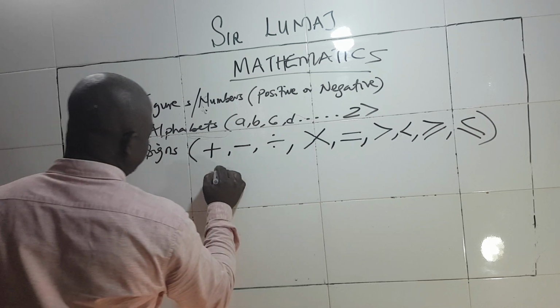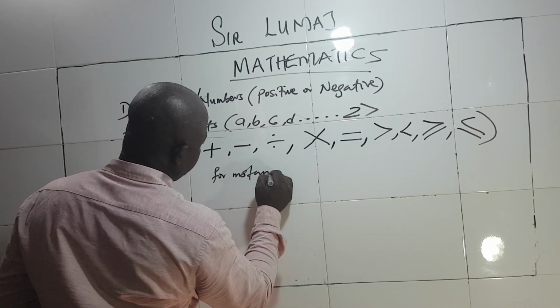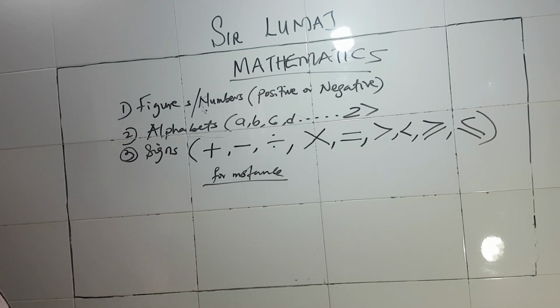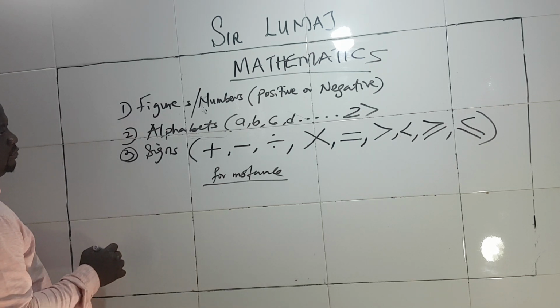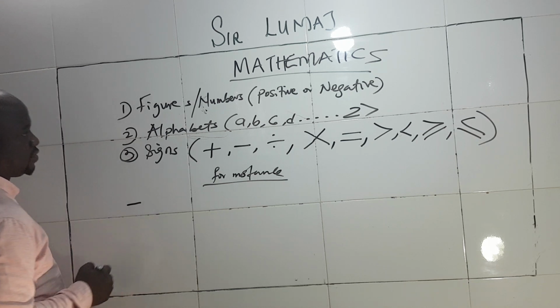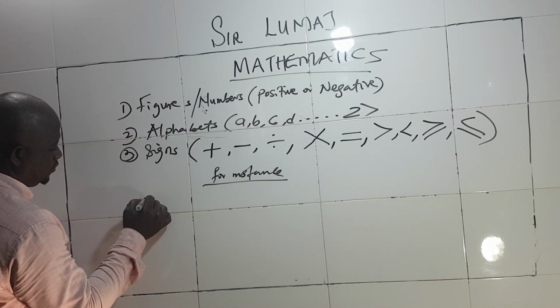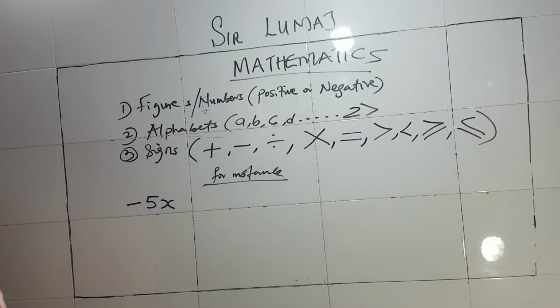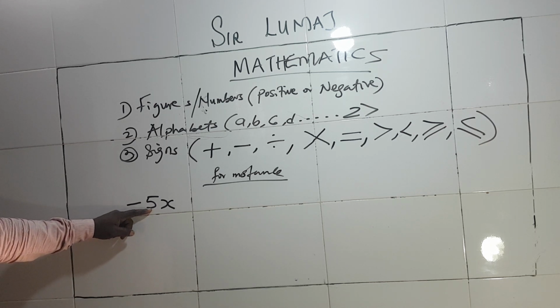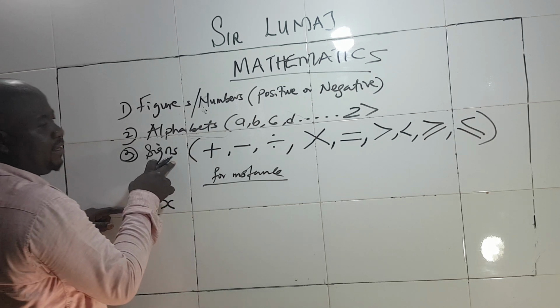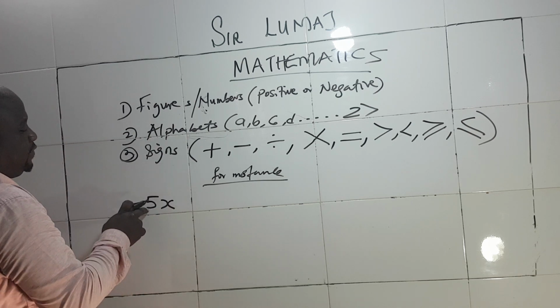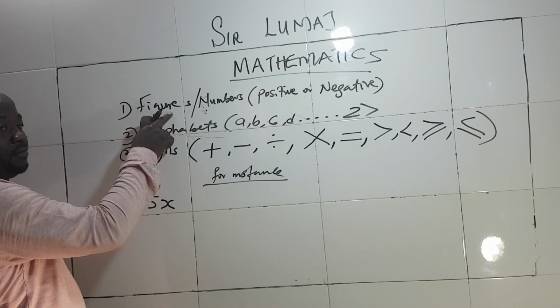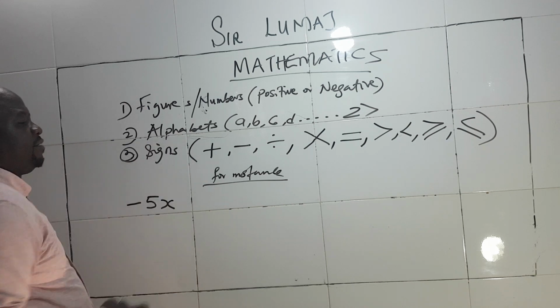For instance, if I say minus 5x, minus is a sign, 5 is a figure, while x is an alphabet.